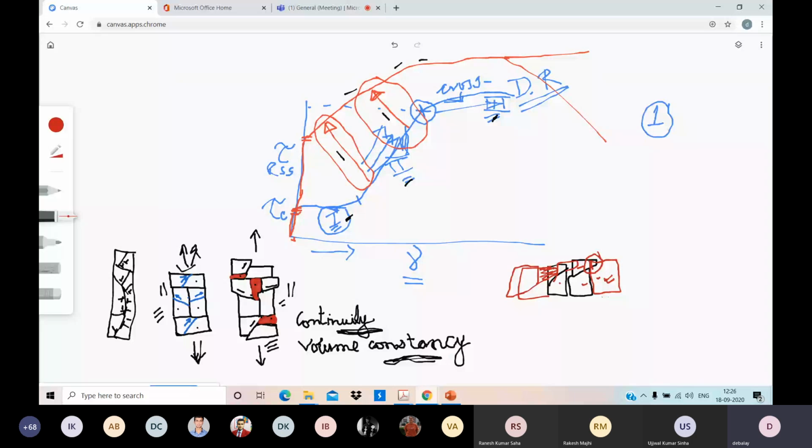Now, who will take care of those voids? Who will avoid the formation of the void and maintain the continuity across the boundary? Geometrically necessary dislocations. That's why the word geometrically necessary: to maintain the geometry, otherwise it will fragment into pieces.